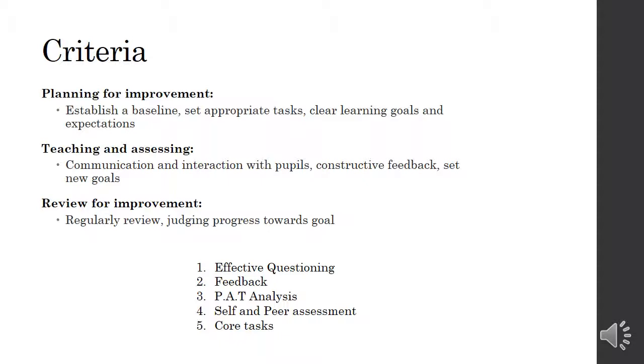It also requires a review for improvement, which is regularly done and requires judging for progress towards other goals. These are the 5 areas which AFL covers. Effective questioning, feedback, pattern analysis, self and peer assessment and core tasks.